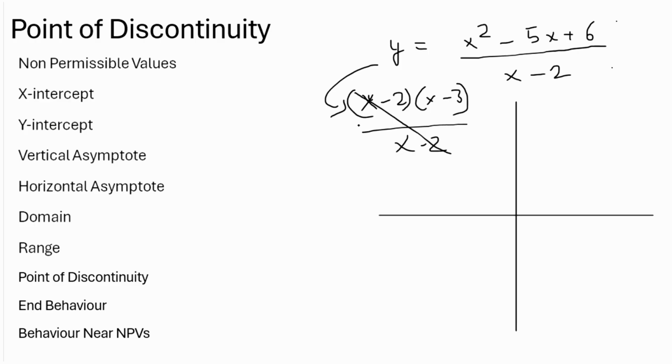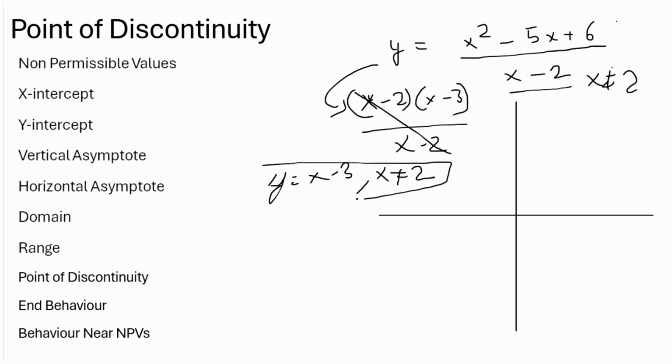Now the x minus 2's cancel out, and we're only left with y equals x minus 3, but x cannot be 2, right? We have to respect our original restriction, and we have to include that. And that's why this is just a linear graph.